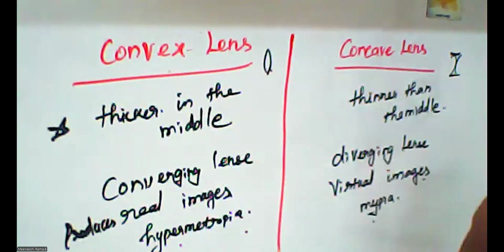For the myopia defect, we use a concave lens. So these are all the main differences between concave and convex lenses. These are very important questions in this optics lesson.